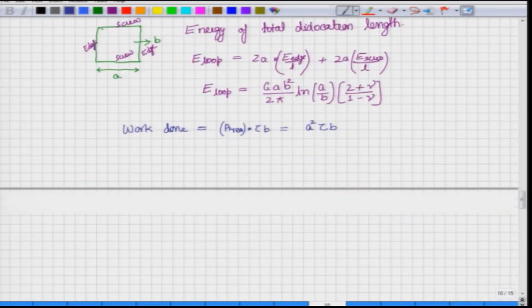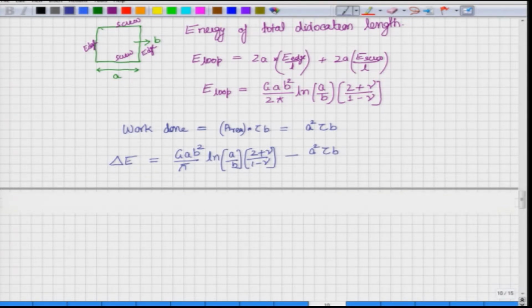Now, this is the increase in the energy, and this is the decrease in energy. So, the change in energy can be written as minus A square tau b.